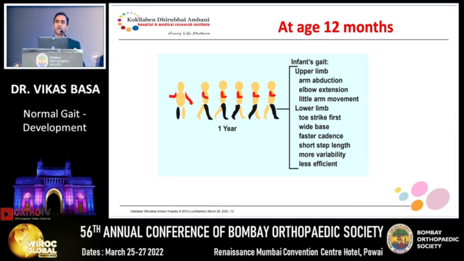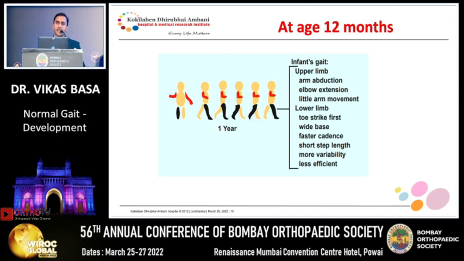A normal child usually starts walking just before or soon after their first birthday. That's the reason why the parents remember when the child started walking. During the initial steps, their arms are either widely extended or abducted, and the elbows are flexed.